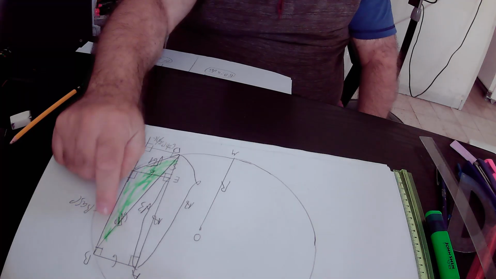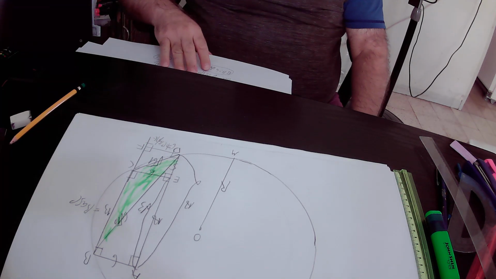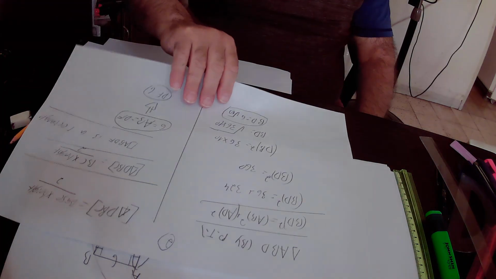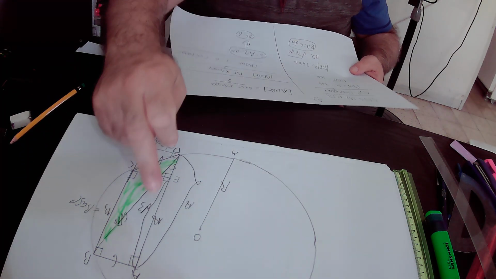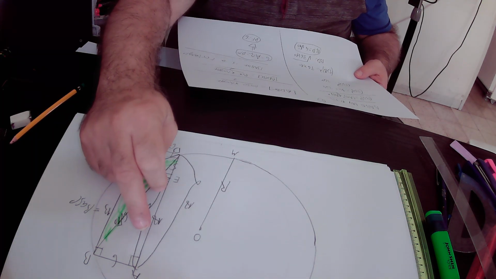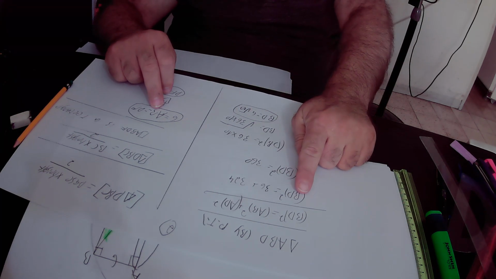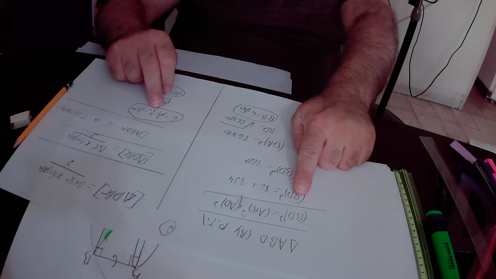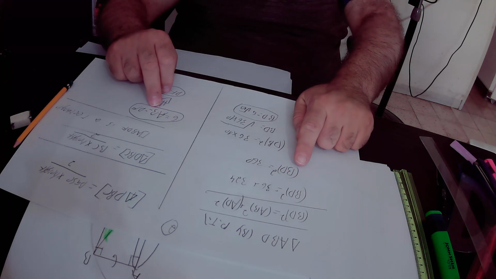The hypotenuse is BD, therefore the square of the hypotenuse is BD square. So BD square must be equal to AB square plus AD square.